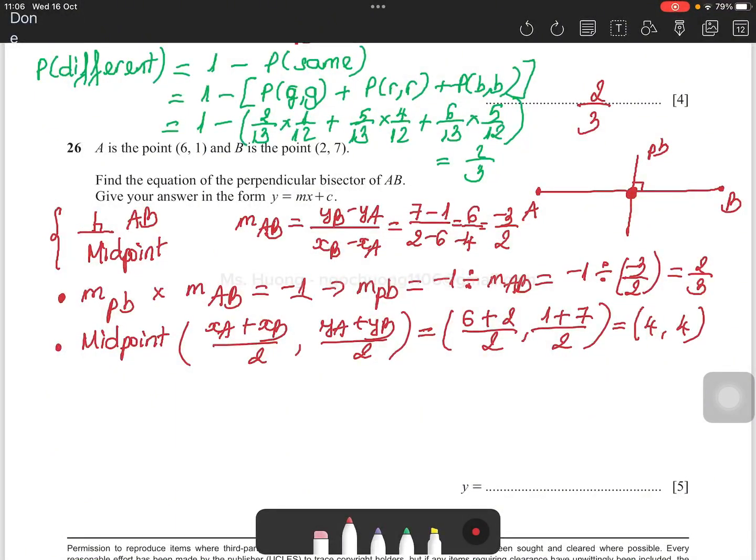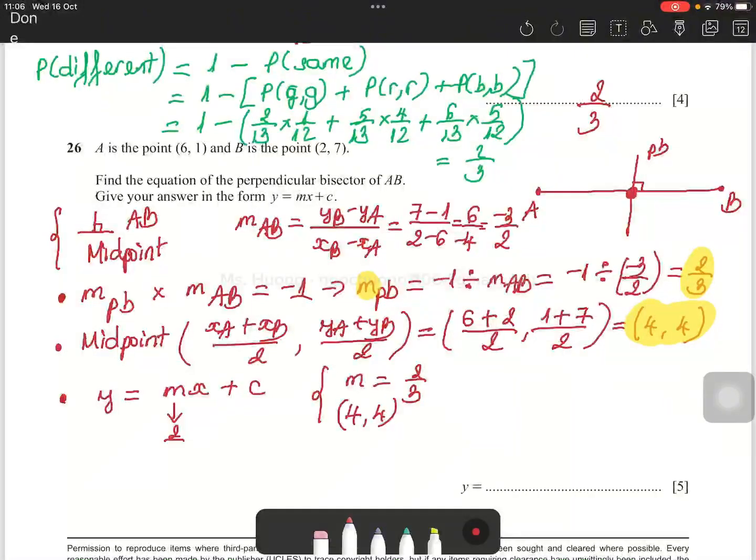So now we know that the general form of a line is y equals mx plus c. In this case, we know that the gradient is 2/3, and it passes through the point (4, 4). So we substitute the gradient 2/3 and the midpoint (4, 4) into this equation.